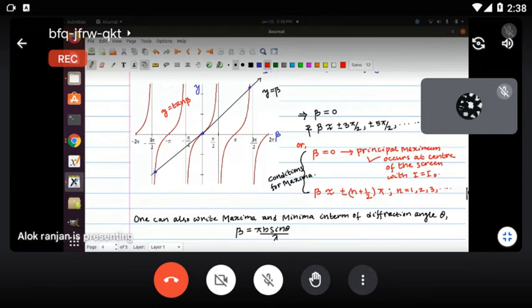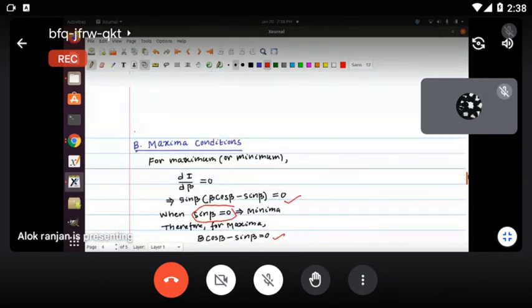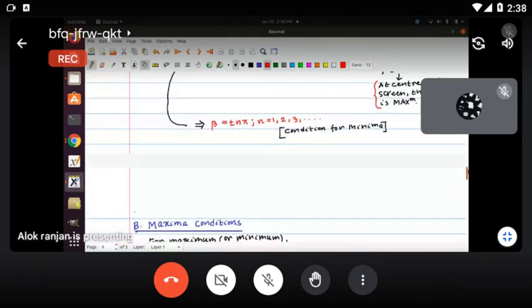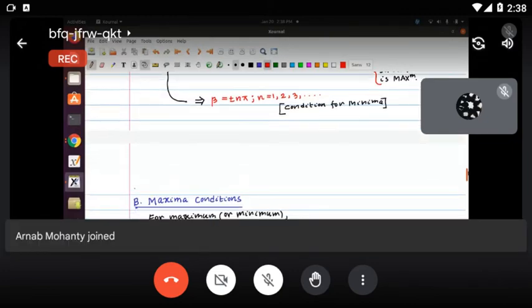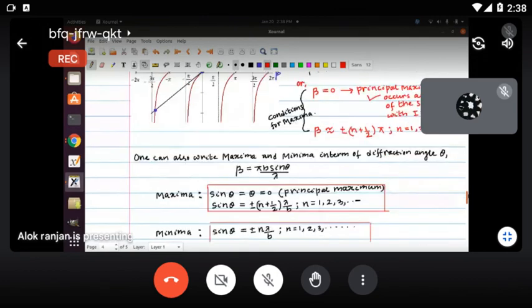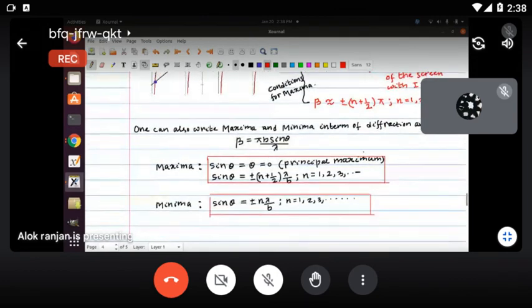So now we found the conditions for minimum and maximum, and that will help to locate them over the screen. As I said, it can also be translated in terms of theta, which I have written down here.